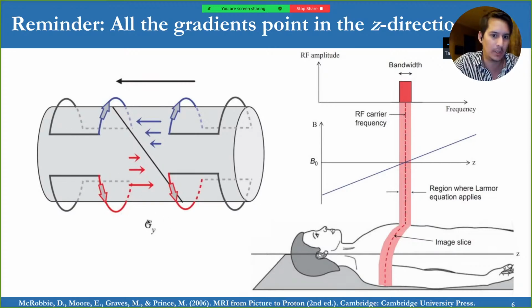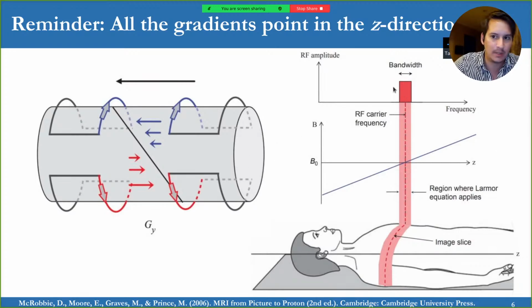Here we are showing y, but you can understand what I mean. With the z gradient, if you apply a gradient in the z direction, when you move in z, the component in the z direction will vary linearly. That's the point of the gradients.